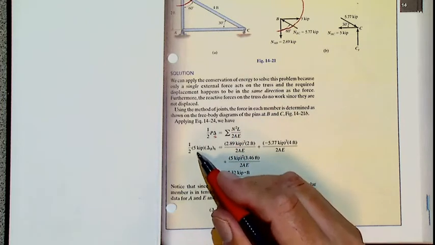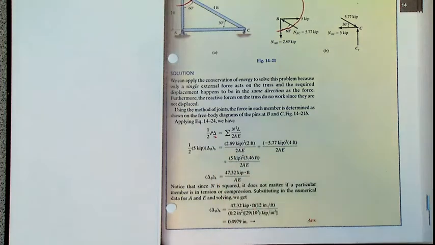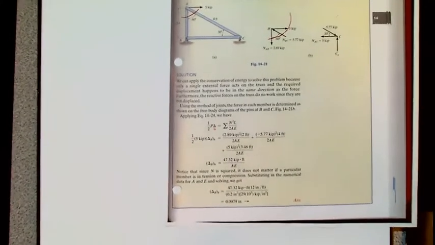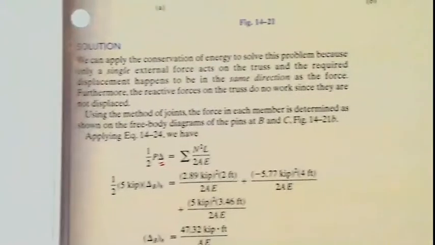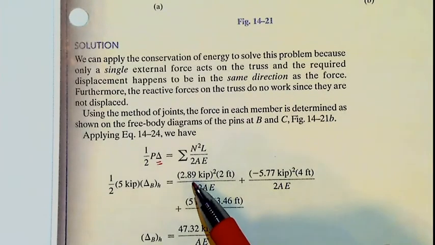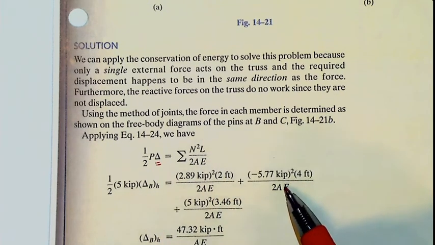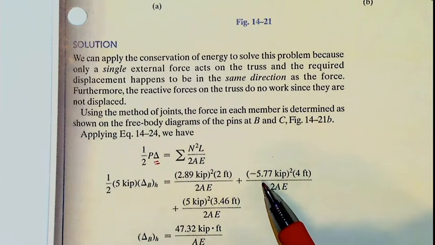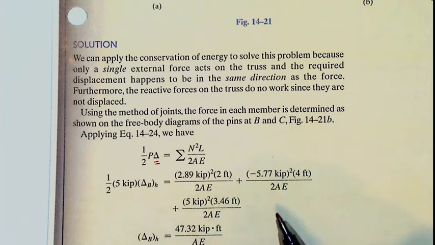So 1/2 5 kip delta B in horizontal direction equals, look please, 2.89 we found in NAB, 2.89 kips squared, length is 2 feet, divided by 2AE. Now this in NBC, that is minus 5.77 kips squared, 4 feet, 2AE, yes.